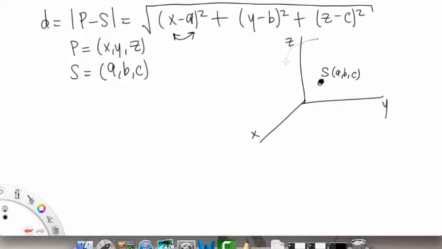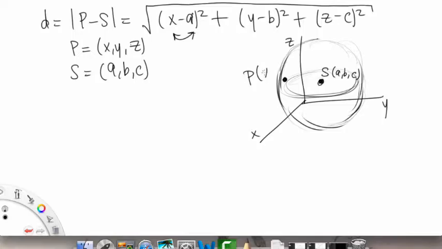Since I named it X, Y, Z, that means it could be any point. I'm just drawing a circle here, kind of hinting at something. So we'll have P right here, and let's say P is X, Y, Z. That's telling you this is the distance between these 2 points. That's how you get D.